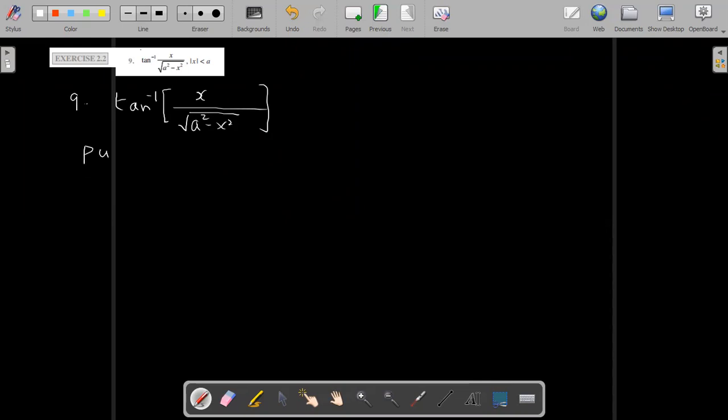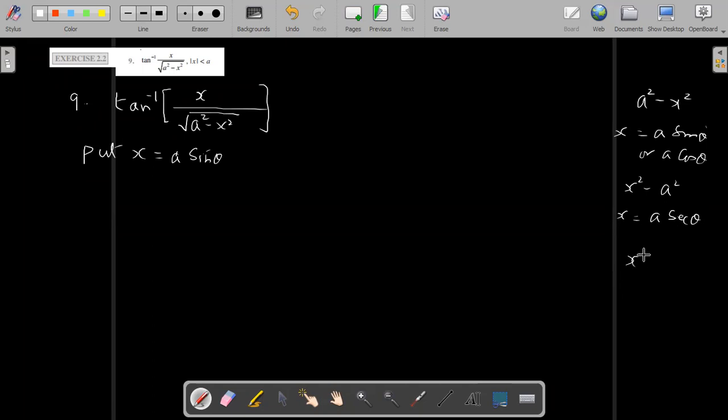So put here x is equal to a sine theta. Generally, whenever you have a square minus x square, always substitute x is equal to a sine theta or a cos theta. If you have x square minus a square, then substitute x is equal to a sec theta, because sec square theta minus 1 is equal to tan square theta.